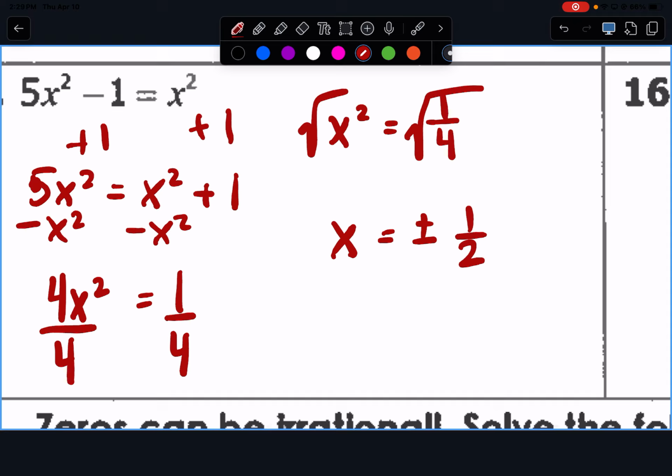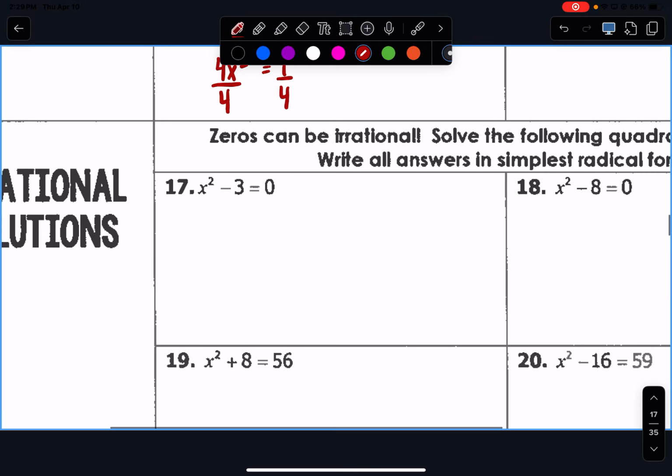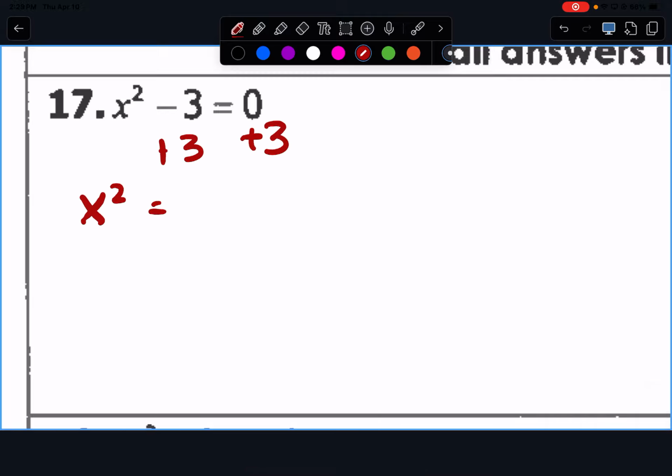All right. Now, we're going to spend the last couple minutes looking at ones that are going to have those irrational numbers where we have to simplify the radical. Okay, same thing, it's just we're going to have to simplify radicals. So, let's look at number 17. So, 17. What do I do? So, we get x squared is equal to 3.